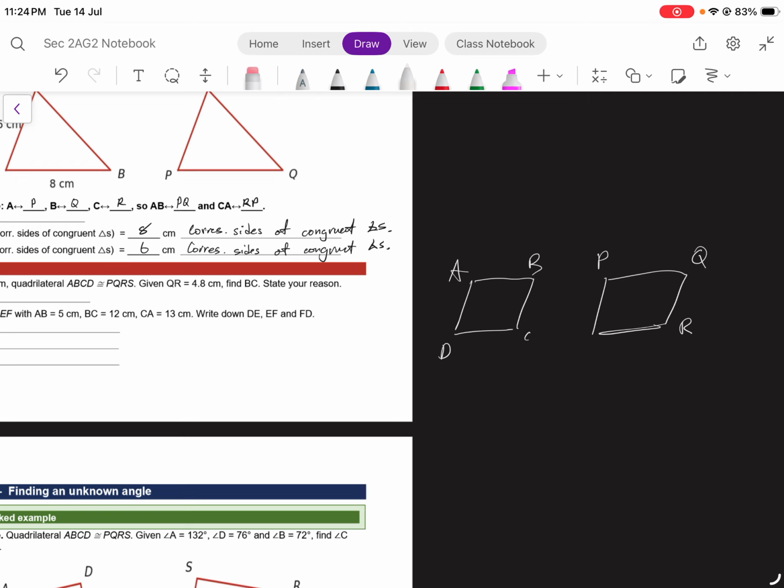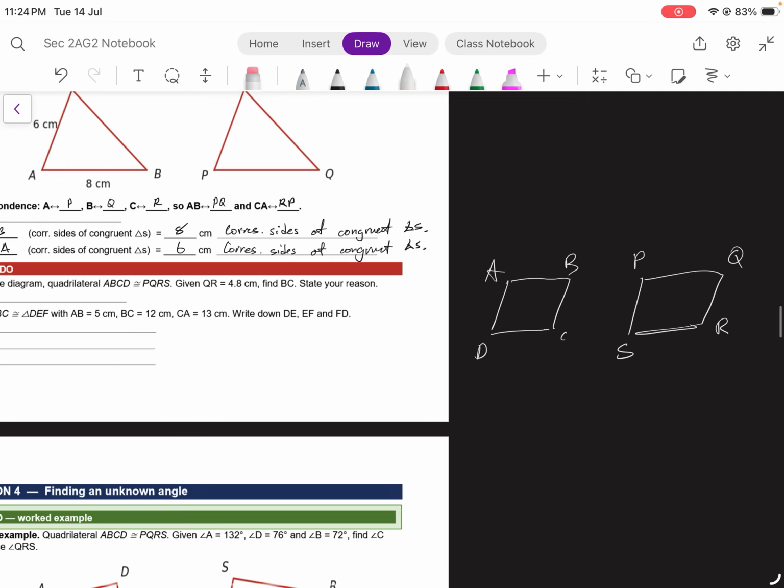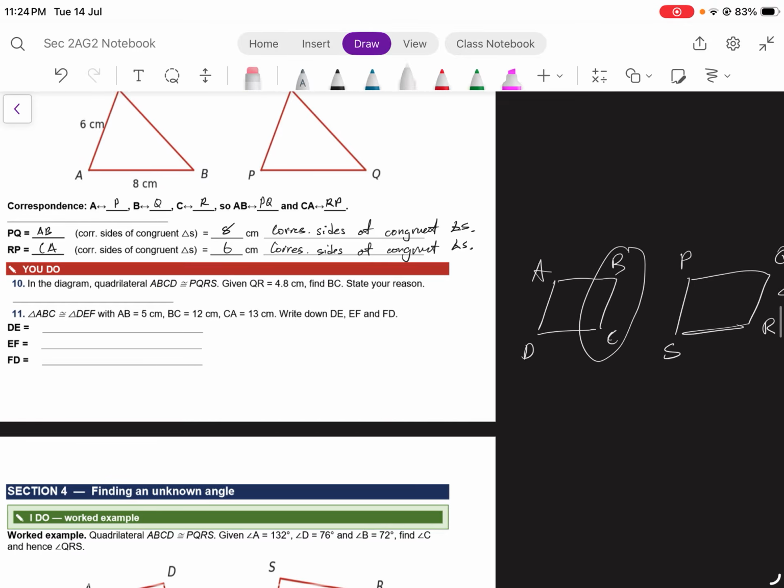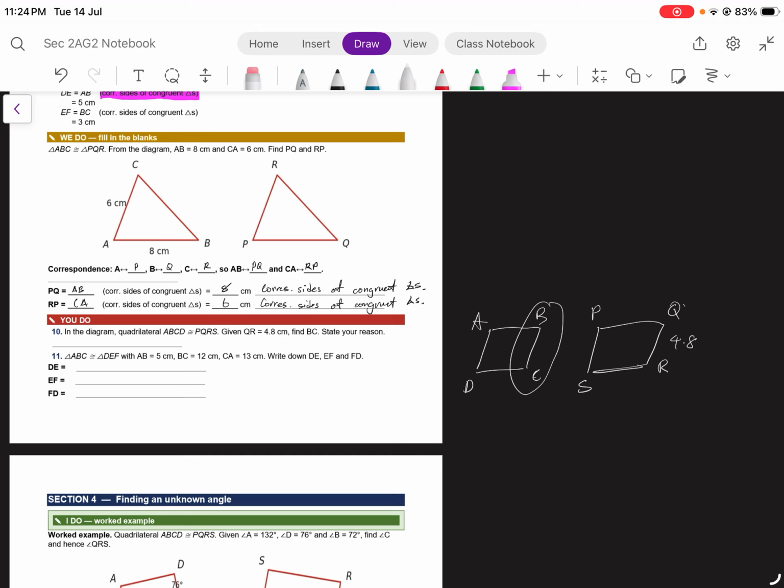Alright, so QR is 4.8, which corresponds to BC. So we can say that BC equals QR equals 4.8 cm. Okay, reason: corresponding sides of congruent angles.